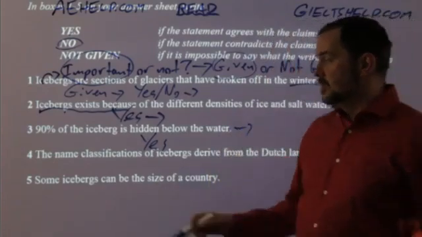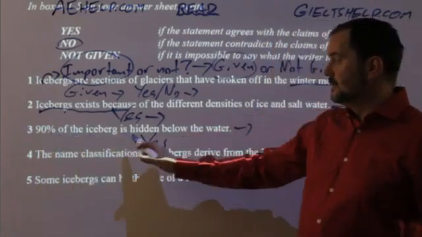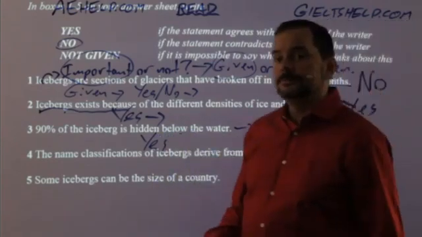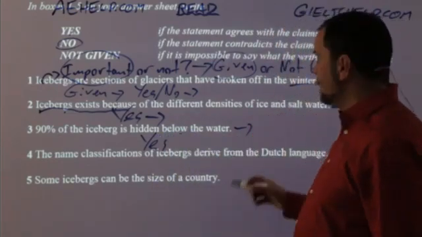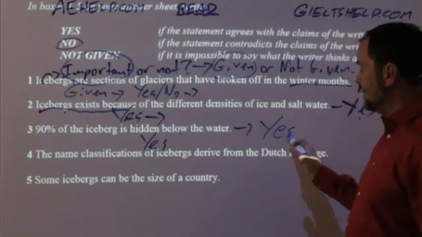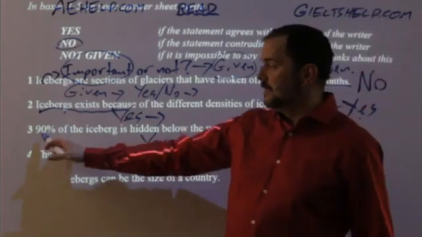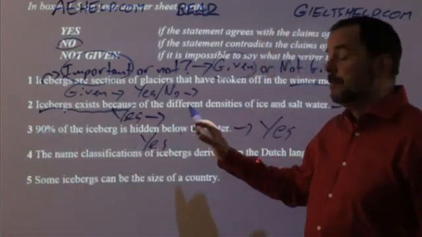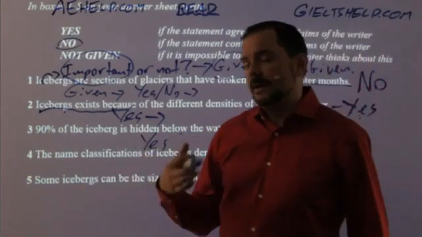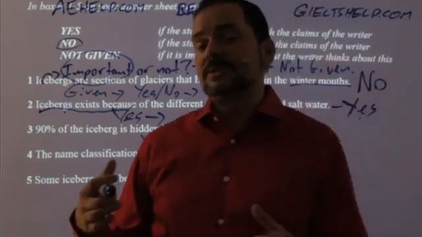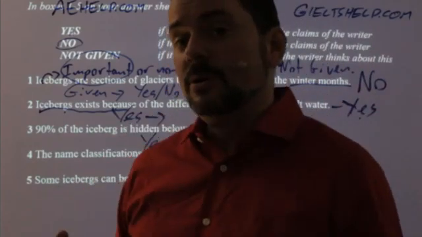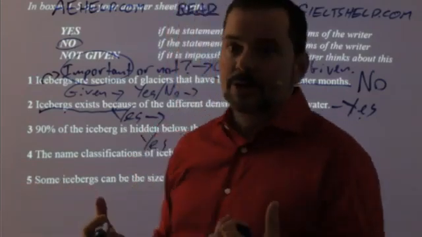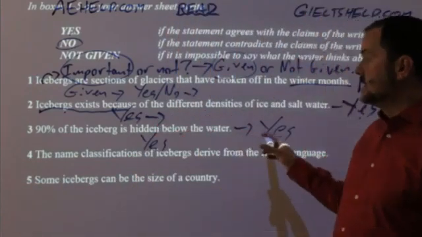And is it true that 90% of the iceberg is hidden below the water? Yes, absolutely. Now here the passage is interesting because instead of saying this, the passage says 10% is visible above the water. So you have to use critical thinking. If 10% is visible above the water, that means 90% is hidden under the water. So clearly this is a yes.